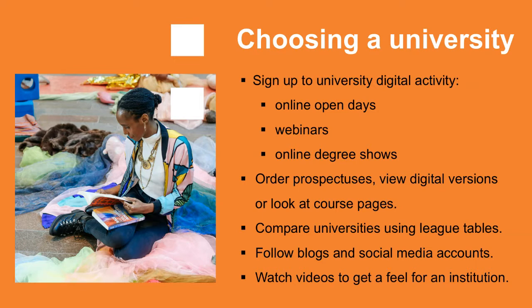And then look at league tables and see what it is that you want to get out of the university, student satisfaction and stuff like that. That's all really handy, and during COVID times you can do all this on your phone or on your computer, which might be a plus side there, that you can do a lot more research without actually having to travel across the country or across the city.